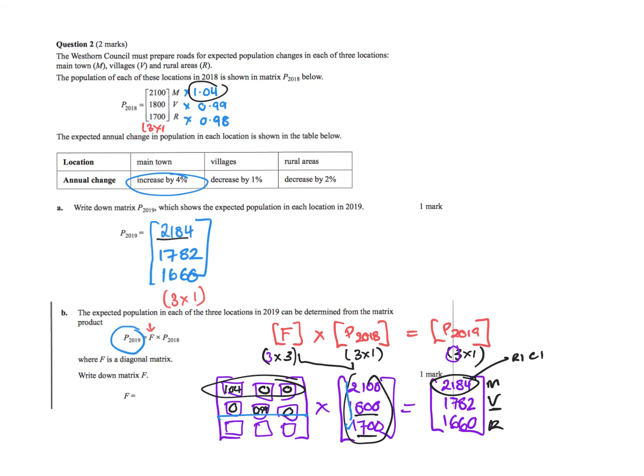And then what would the last one be? I want 0, 0, and 0.98. So just to tidy it up, this is what I believe F to be: we've got 1.04, 0, 0, then 0, 0.99, 0, and 0, 0, and 0.98.